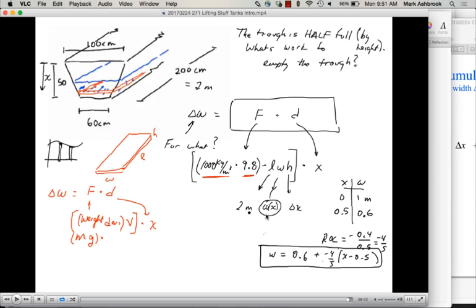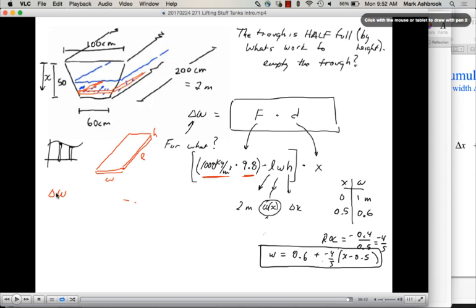Okay, so we got this relationship, and now we're ready to set up the volume of a typical slice. The volume of a typical slice is, we got our 9800, what is that? Weight density times volume.